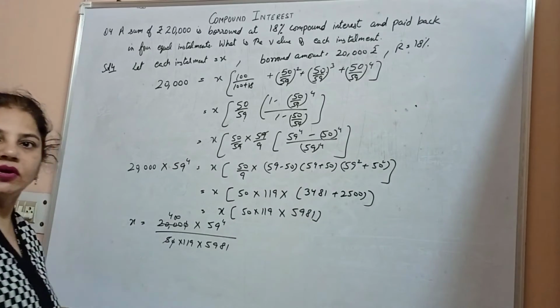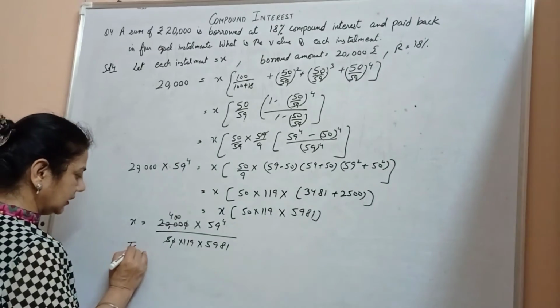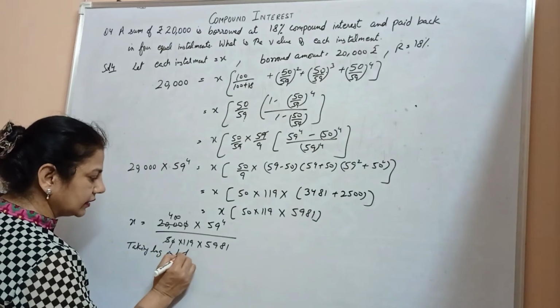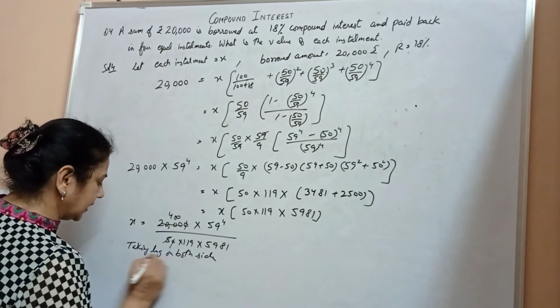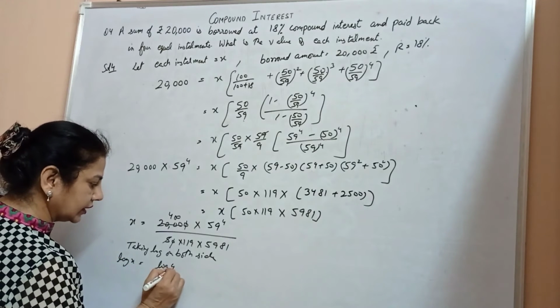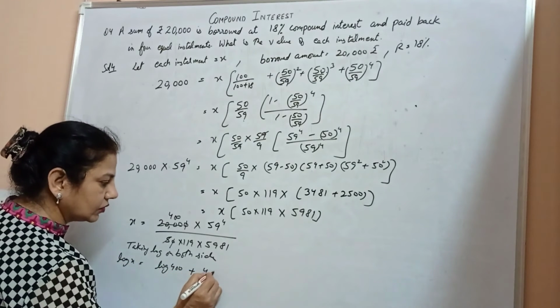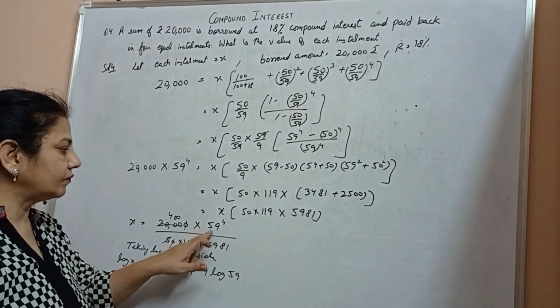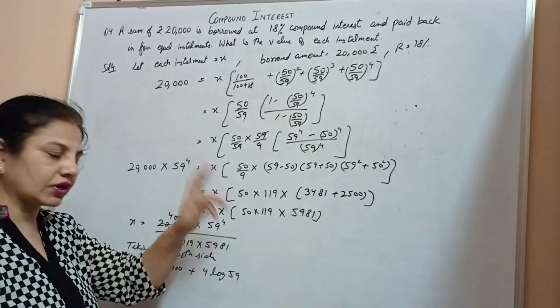Now again taking log on both sides. What should I get? Log X is equal to log 400 plus 4 times log 59, because log 59 to the power 4 means 4 comes forward.